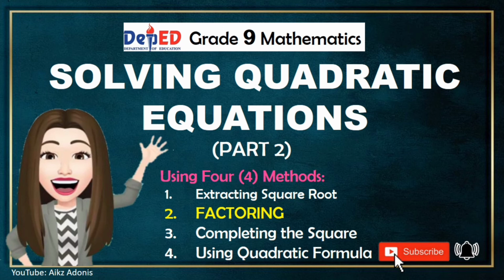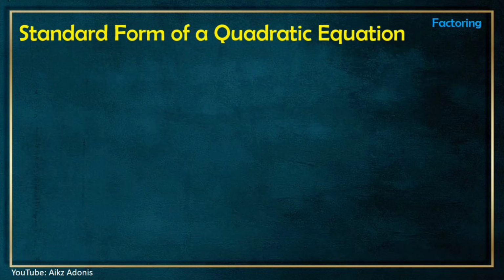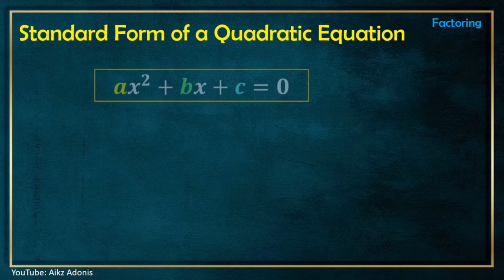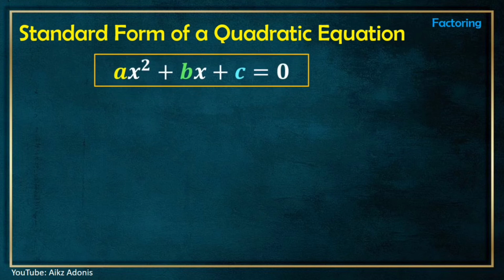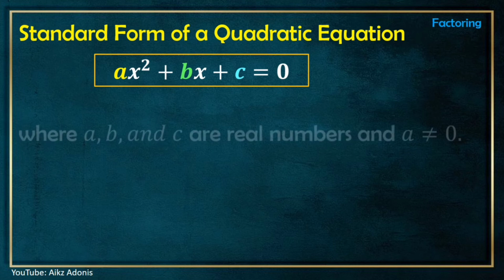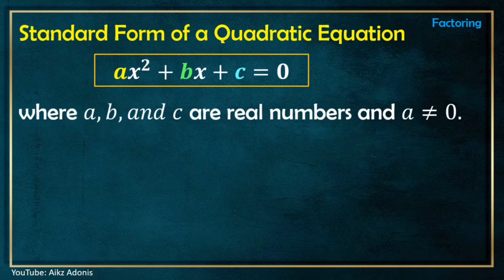Did you still remember the standard form of a quadratic equation? That's good. So again, the standard form of a quadratic equation is ax squared plus bx plus c equals 0, where a, b, and c are real numbers and a is not equal to 0.